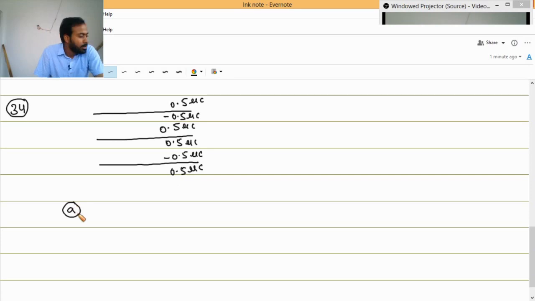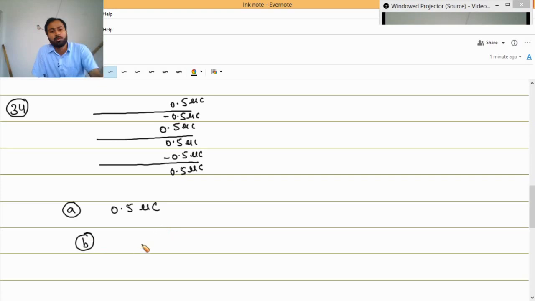In part A, what is asked is the charge on the upper part of the plate. So now we can very easily say that it is 0.5 microcoulomb. So we have decided the charge on the upper plate. In this way we have evaluated A, and what is asked in B is the potential difference developed between these two plates.